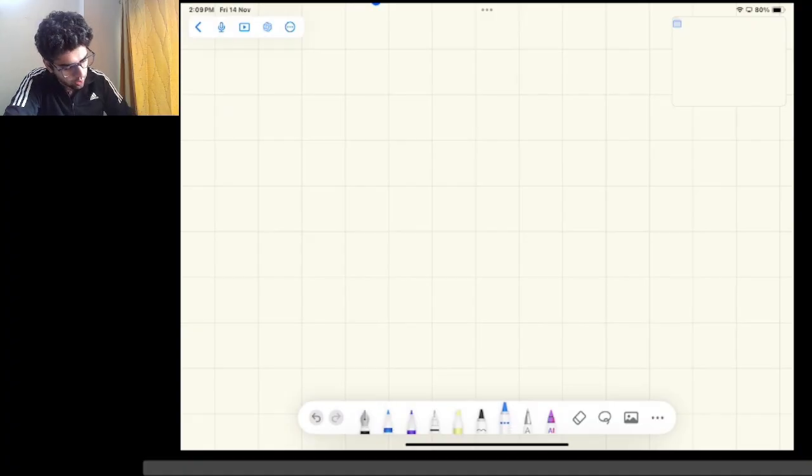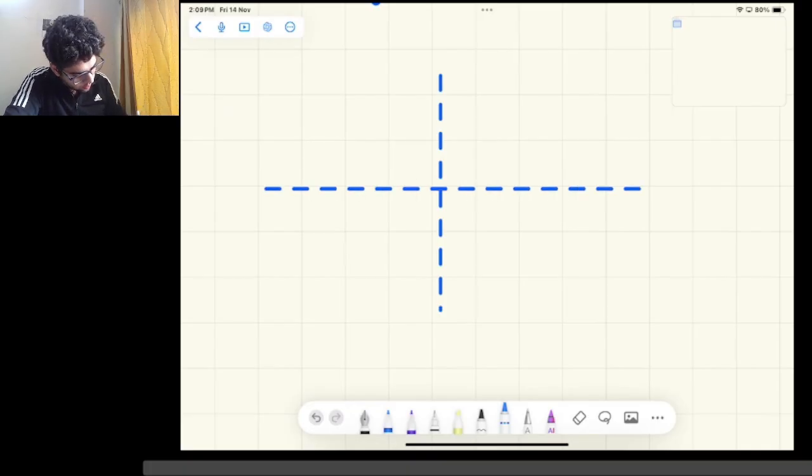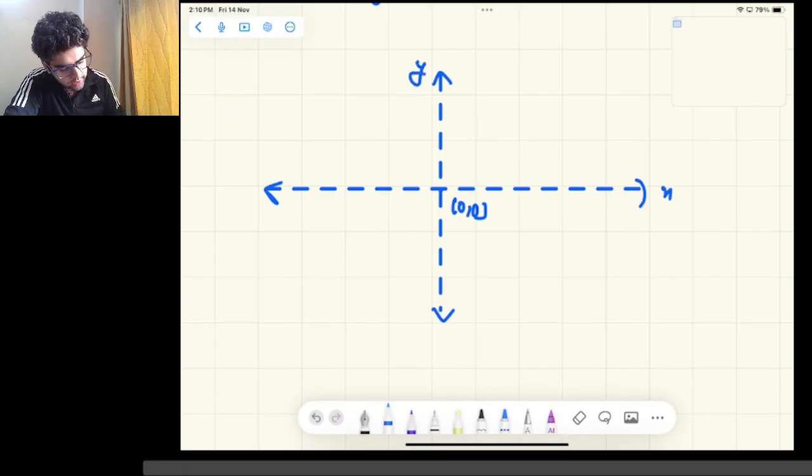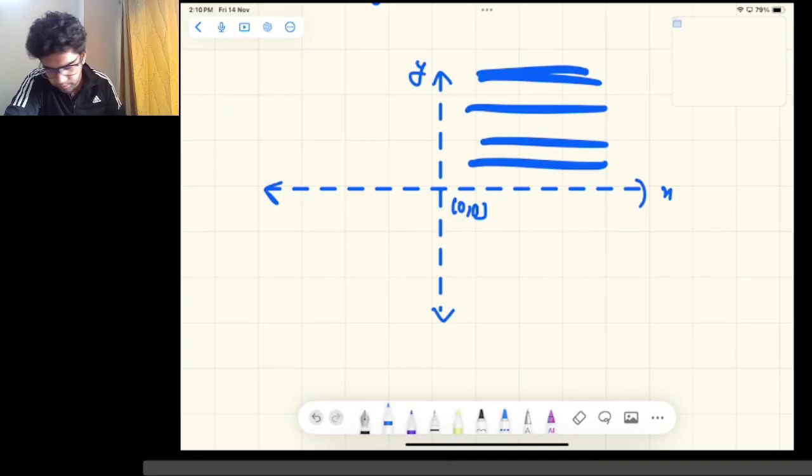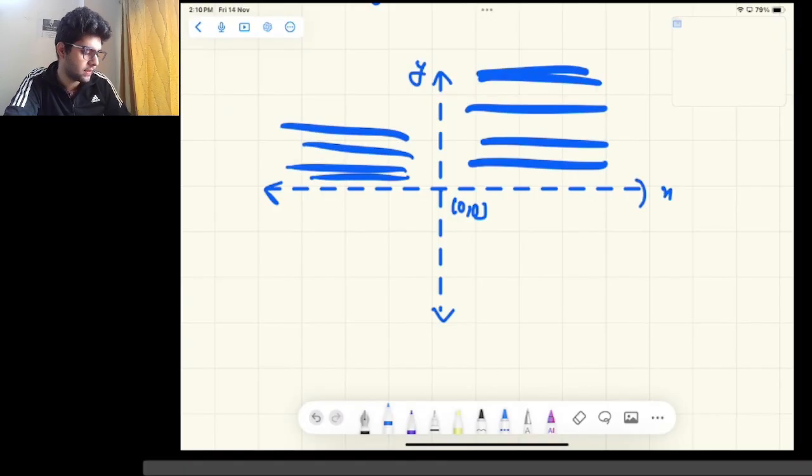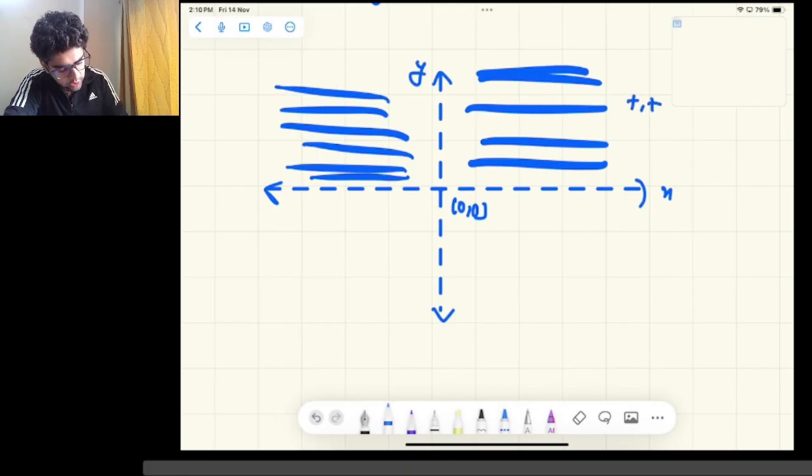So if I just draw an xy plane, this is the origin. Here all of the points are where x and y are greater than 0. Here also y is greater than or equal to 0 but x is negative. So this is the first quadrant, where we have positive and positive values.